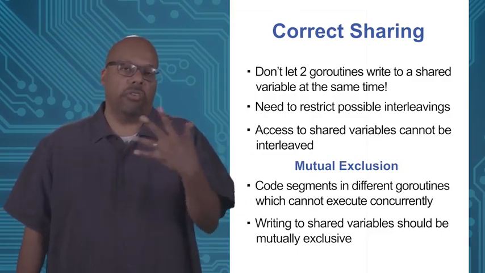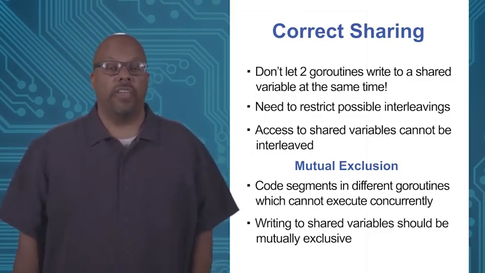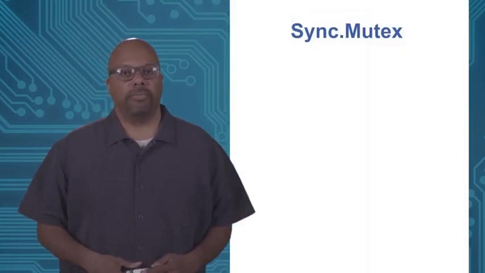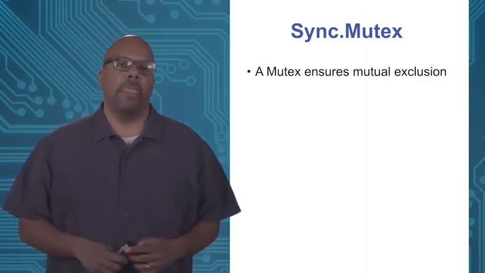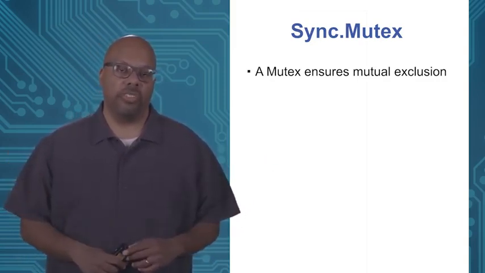There are constructs built into GoLang to do that. In the sync package again, there's this mutex object. Mutex ensures mutual exclusion. There are several methods associated with mutex, but let me just describe it conceptually first.